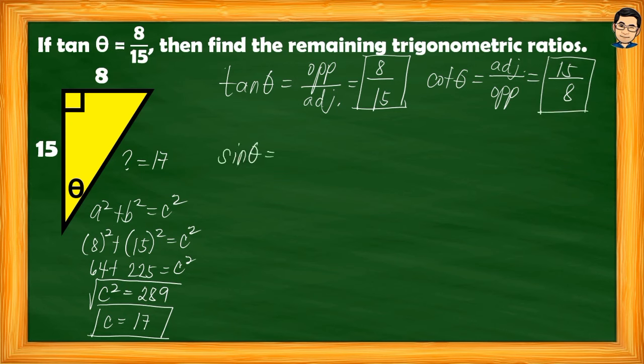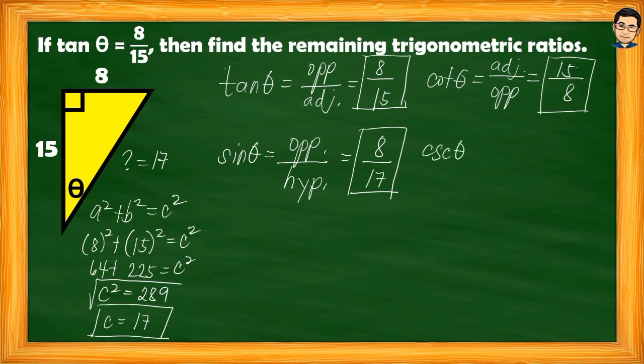That is opposite over hypotenuse. Opposite is 8 and then the hypotenuse is 17. So sine theta is equal to 8 over 17. And then cosecant theta, that is hypotenuse over opposite. So hypotenuse is 17 and then the opposite side is 8. So cosecant theta is equal to 17 over 8.